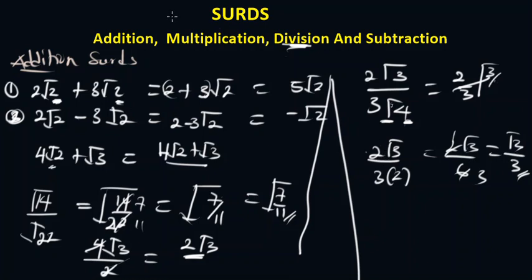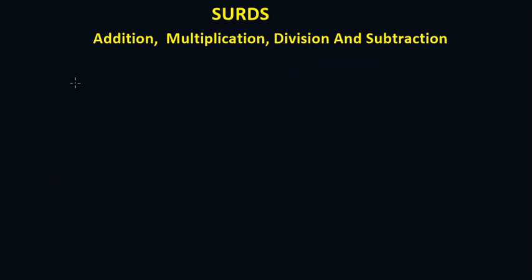Okay, so let's proceed and continue with multiplication. When you have root 2 times root 2, squared, this will give us 2.